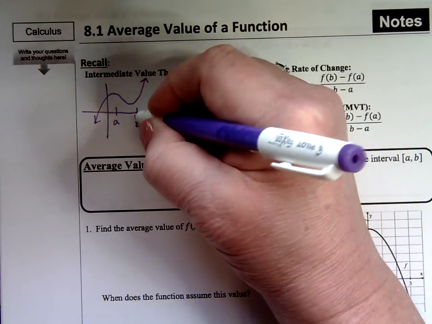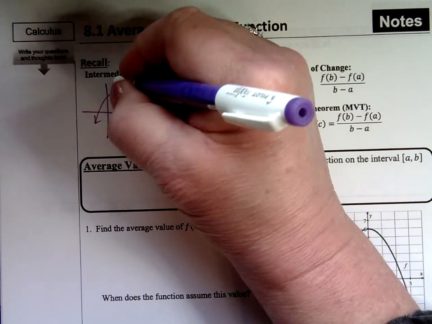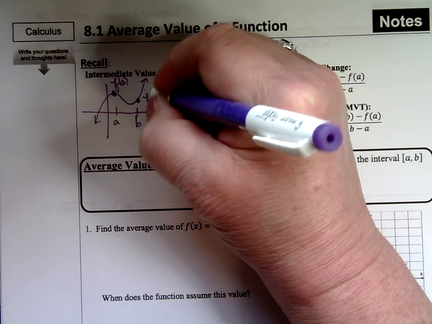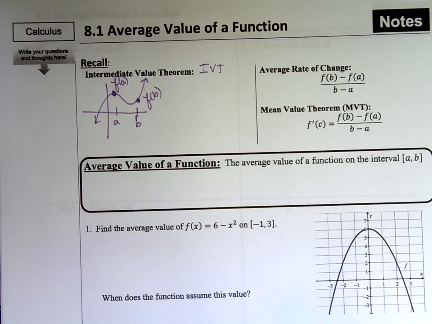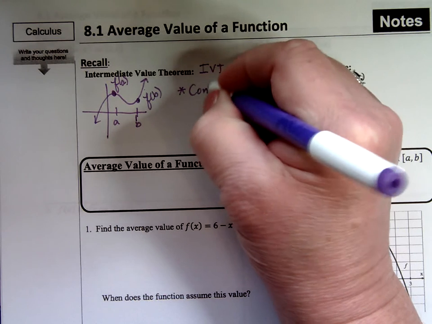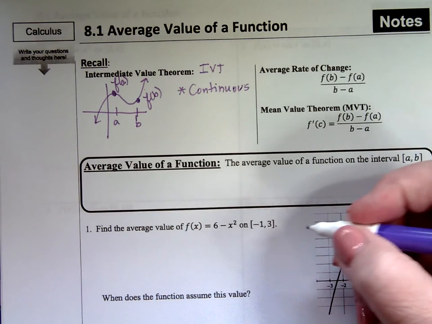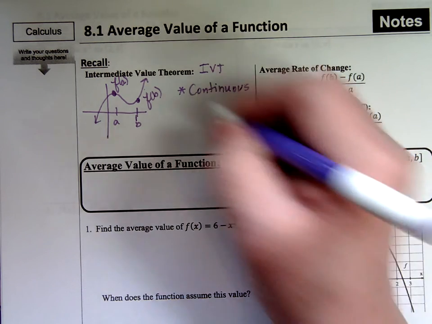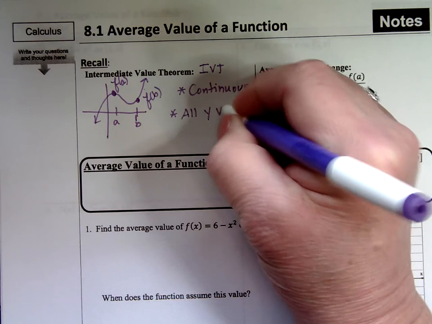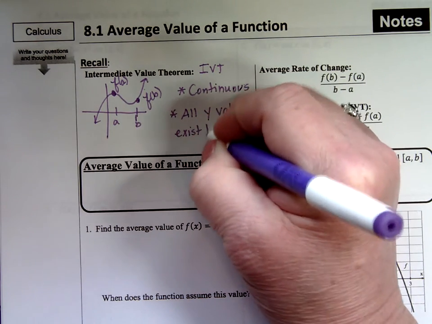That makes this coordinate f of A, and makes this coordinate f of B. And the IVT says you have to have a continuous function, and that all the y values exist between A and B.